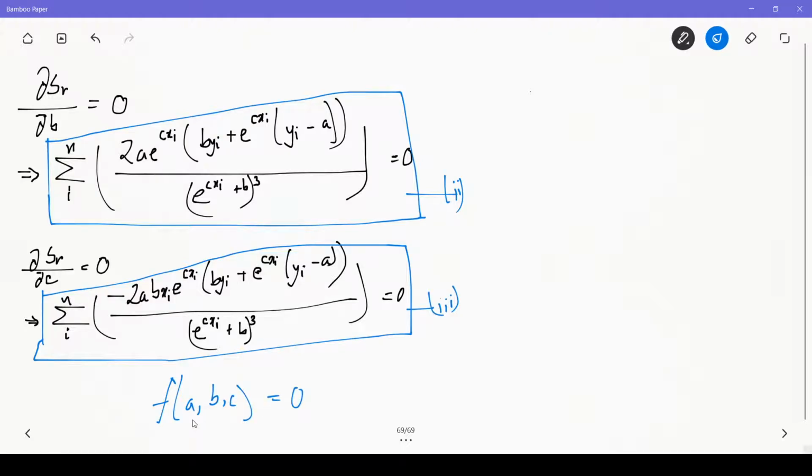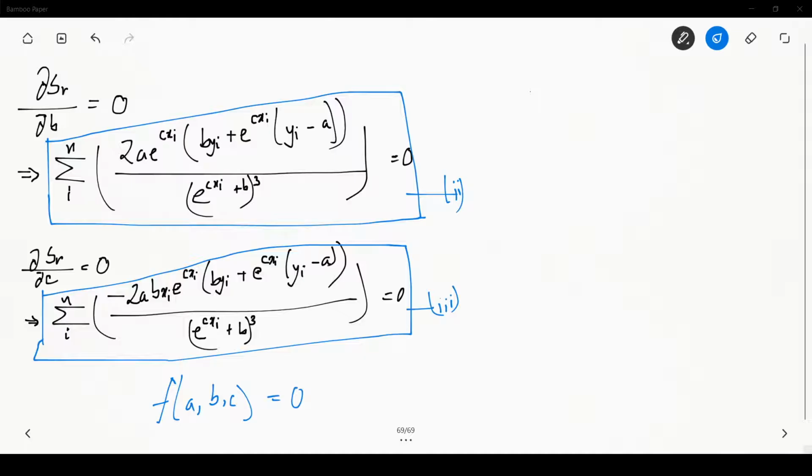So the values of a, b, and c for which these trivariate functions yield the value 0. We can use Newton-Raphson, bisection and whatnot, and there are many root finding algorithms. In the slide, they tell us to use the Newton-Raphson method.